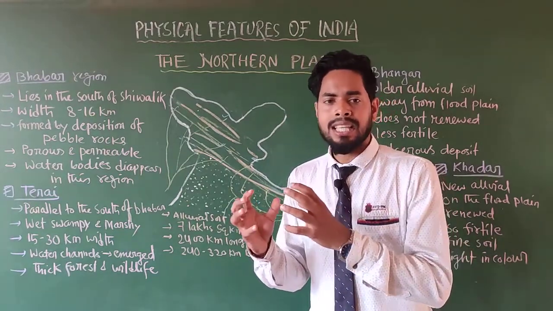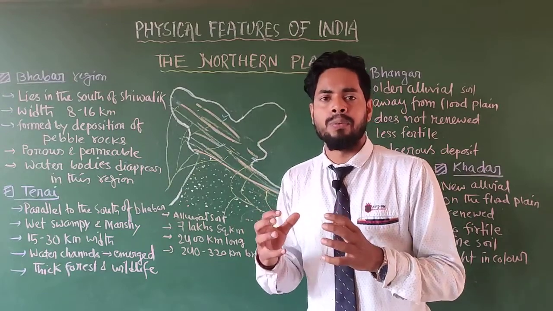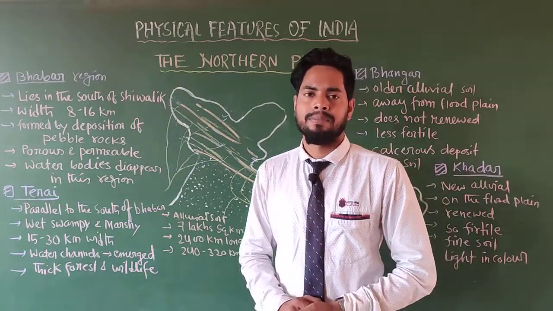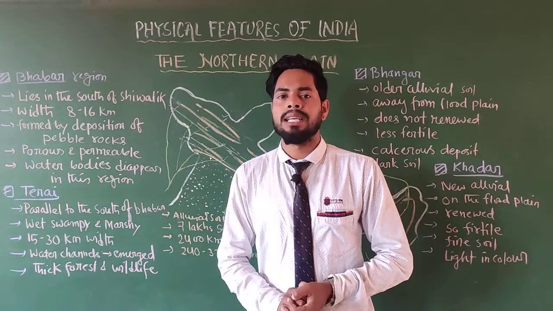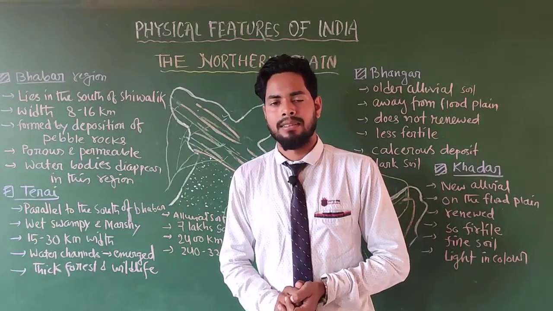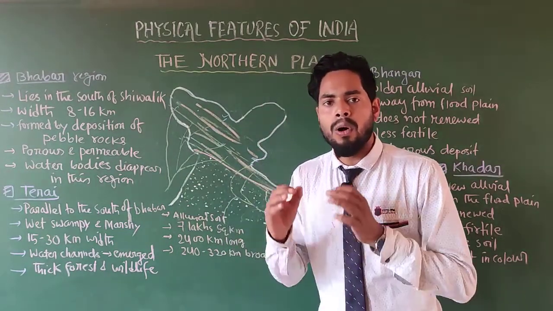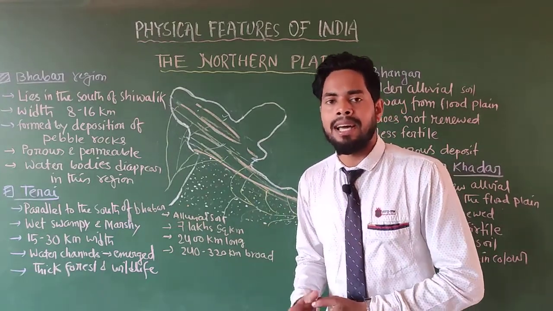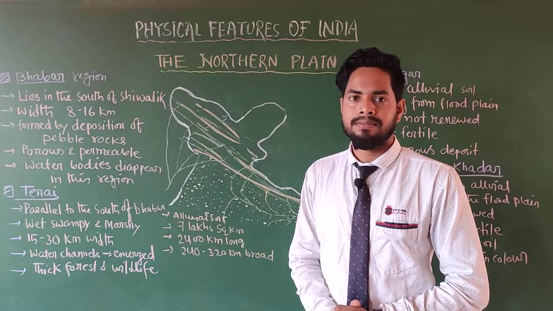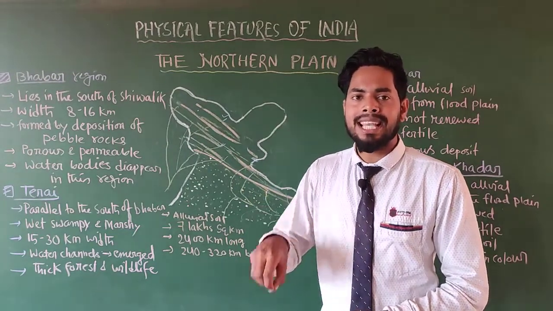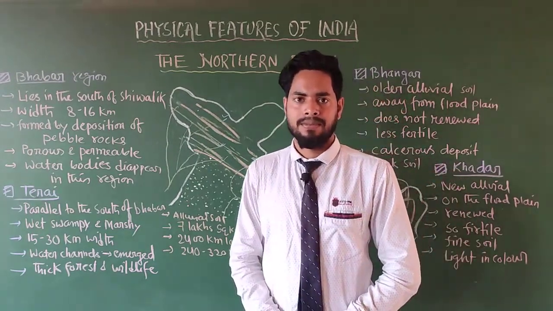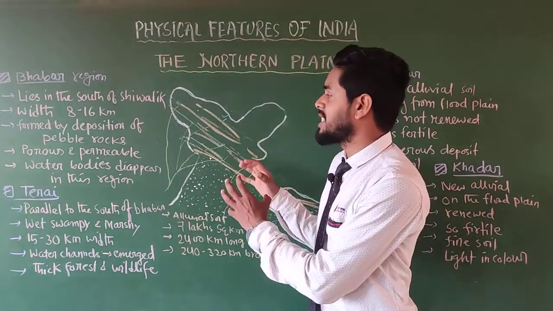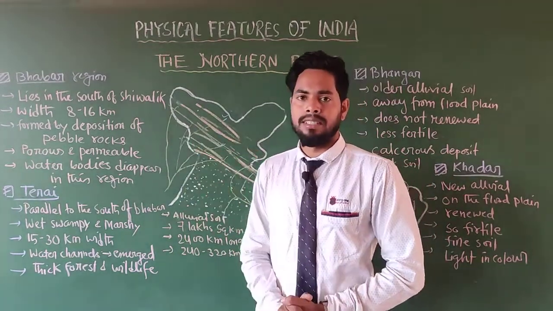That means rocks have the ability to transfer water inside them. So pebble rock is porous and permeable. That's why all drainage channels, or water channels, disappear in that region. They flow beneath the surface. These are the characteristics of the Bhabar region.